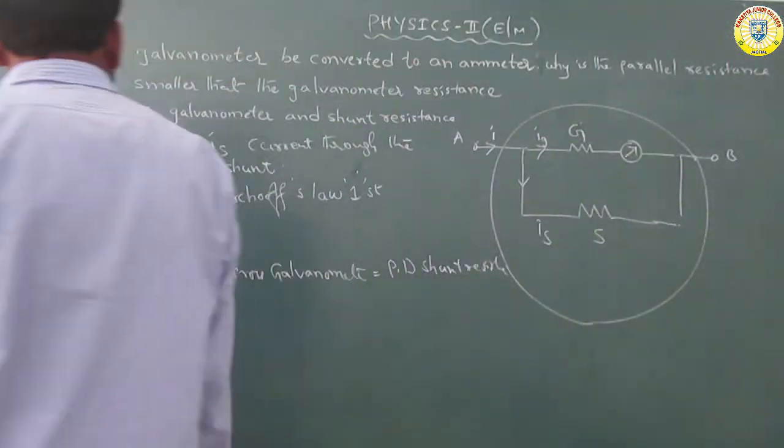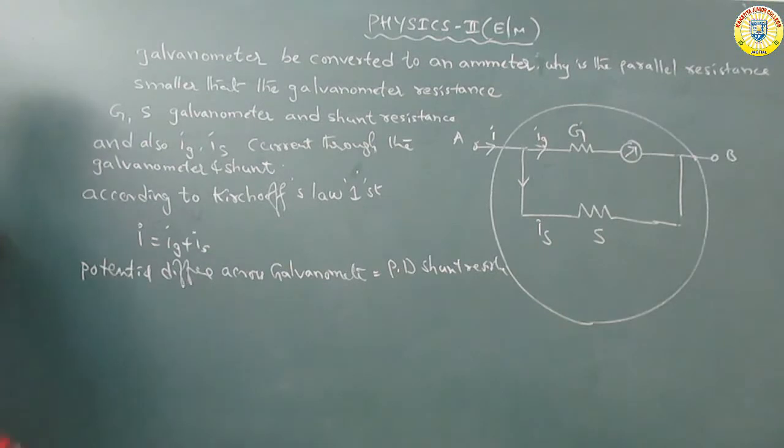So the potential difference gives IG times G is equal to IS times S.